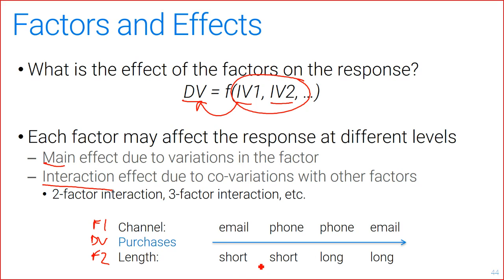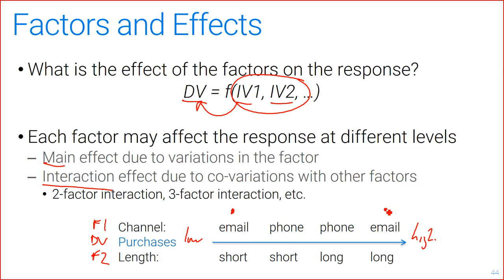And then the interaction effects are effects that are due to covariation of multiple factors. So what is the difference between combinations of the two factors? Are there differences between the combinations of the two? Yes or no? Let me give you an example. So let's say that this is sorted from low purchases to high purchases. And let's assume that all the studies are already carried out, everything is nice, and we have email short, they're around here in terms of purchases, email long, they're around here.